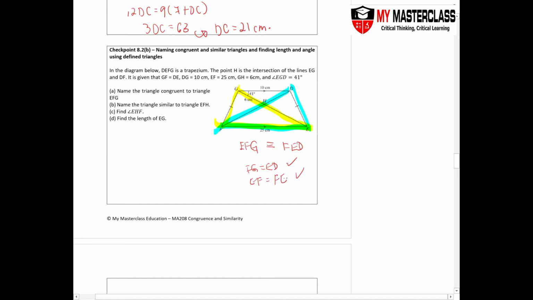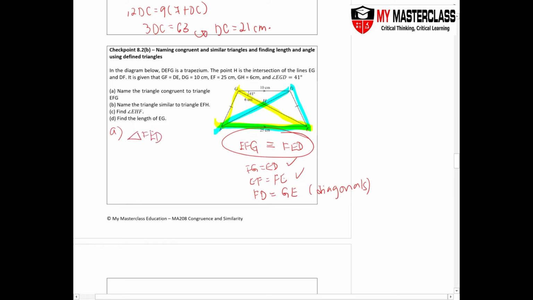Am I right? So you can see that they're actually both the same. Then you have your FD and DE, because they are diagonals. So you know that these two triangles are congruent. So for this part, your answer should be triangle FED.